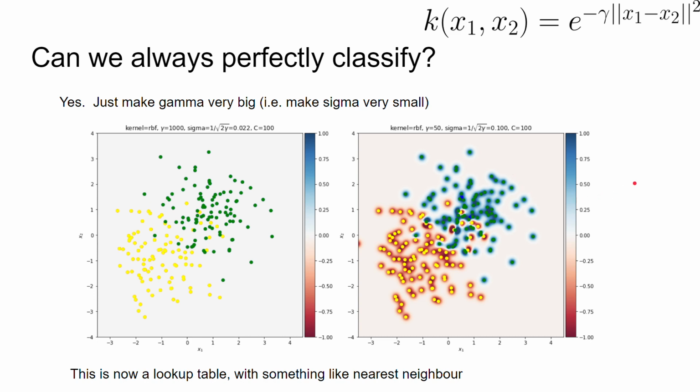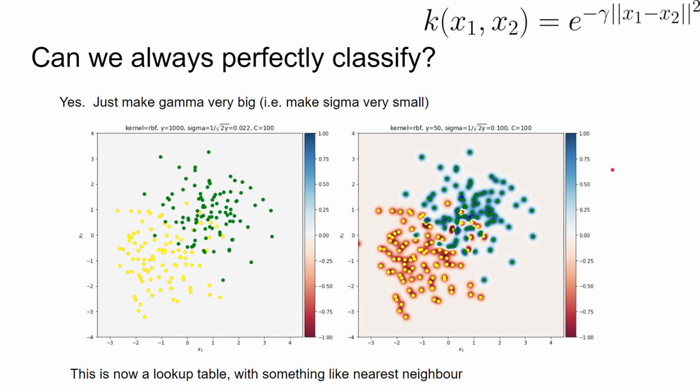So if you set your parameters in this sort of extreme way, you get a lookup table, and it does something like a nearest neighbor algorithm for new data points. So if a new data point comes in, it's sort of like, is it closer to a blue point or closer to a red point? It's not quite that. It's actually adding up the Gaussians at every single point, but you can sort of think of it that way.